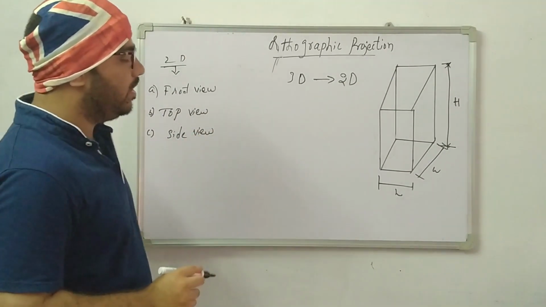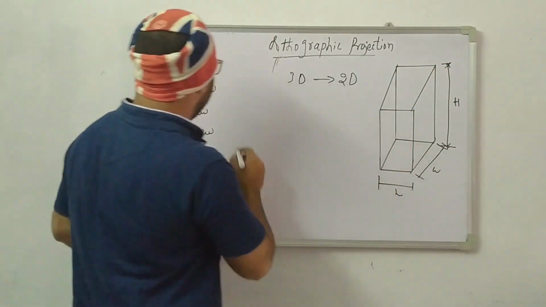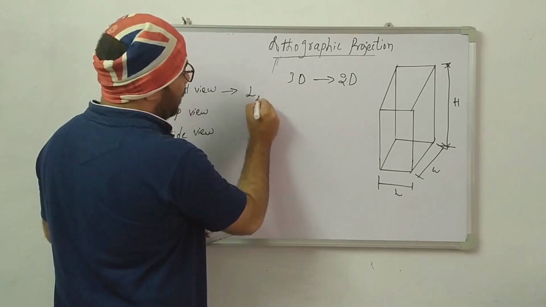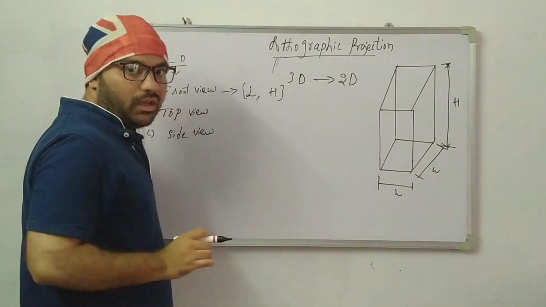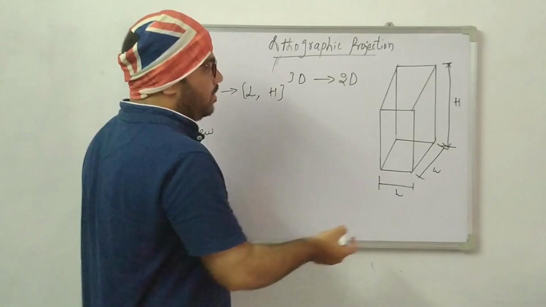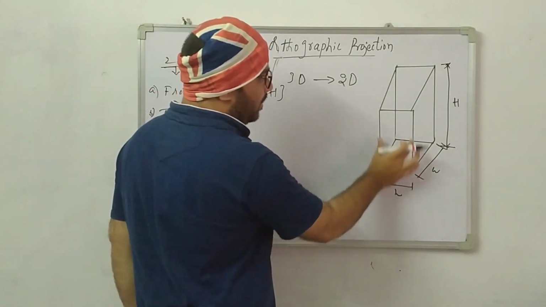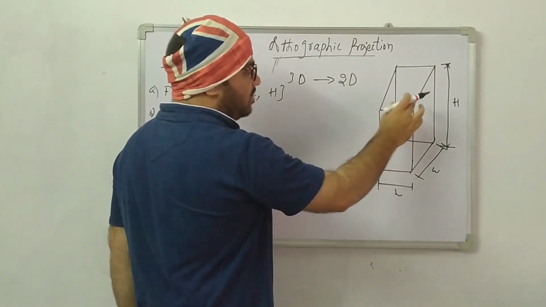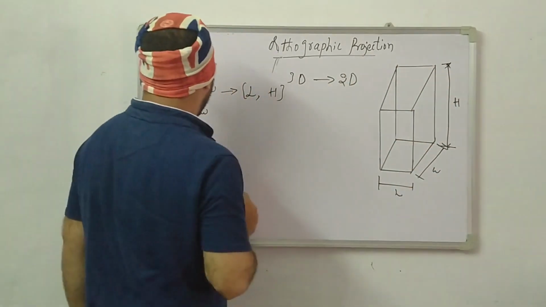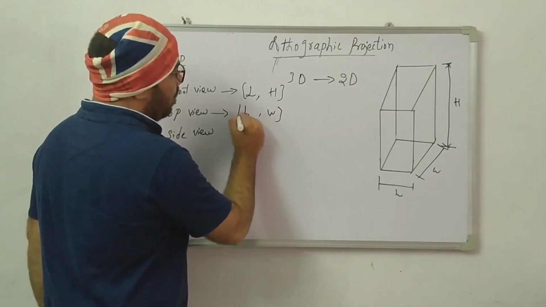In the front view, every time I construct the length and height of the given object, as shown in the figure. In the top view, I see the same length, and along with that length I can see the width of the object. So in the top view I see the length and width of the object.